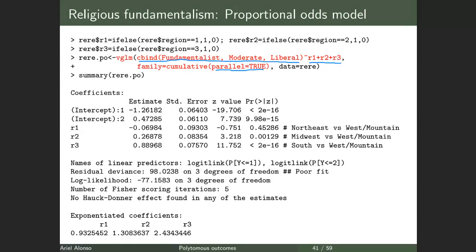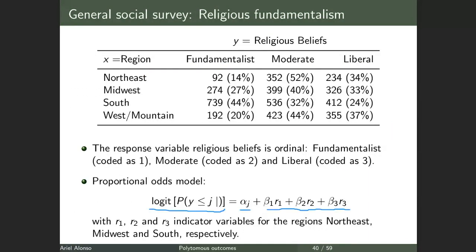In the model fit, you get two intercepts, because you're modeling two odds: the probability that y is smaller or equal than 1, so that's the probability of being a fundamentalist, and the probability of being a fundamentalist or a moderate.